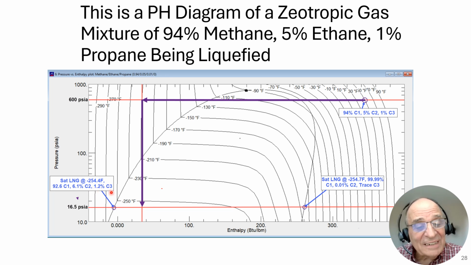And propane has a heating value of approximately 2,500 BTU per standard cubic foot. So this LNG mixture has a higher BTU content than what was originally coming into the plant. That has its disadvantages, as we'll see as we go along.